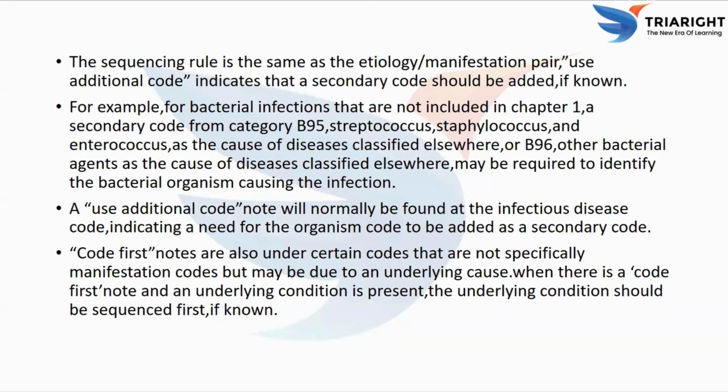For example, a patient has a bacterial infection, and this bacterial infection is not listed in chapter 1. So you may need to add another code to show which bacteria caused it. What is the main condition? It's pneumonia. What is the additional code? It is streptococcus. Streptococcus is a bacteria, a type of organism which causes the pneumonia. So you have to code both.